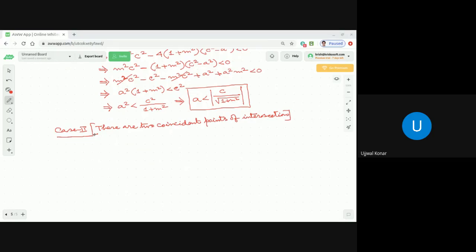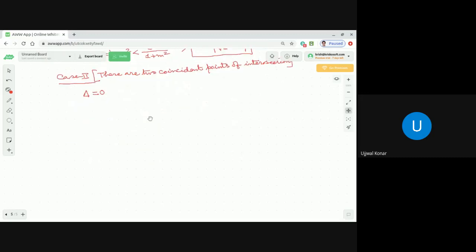In this case, what will happen? As we just said, delta has to be equal to 0. Delta equal to 0 means 4m square c square minus 4 into (1 plus m square) into (1 plus c square) is equal to 0.